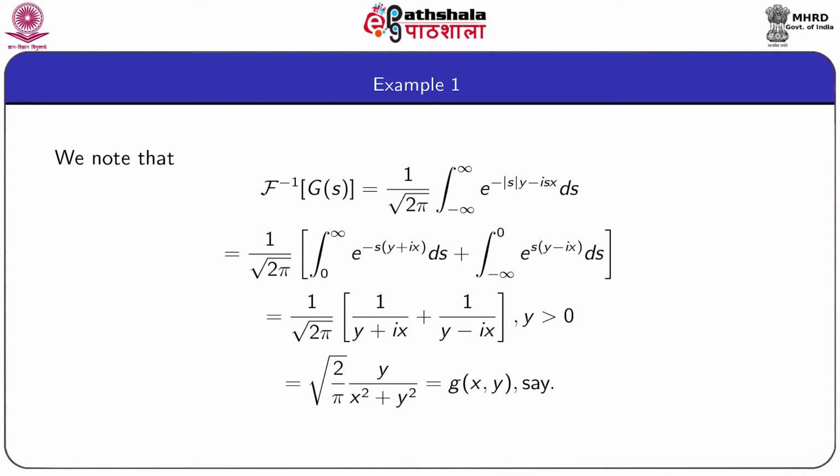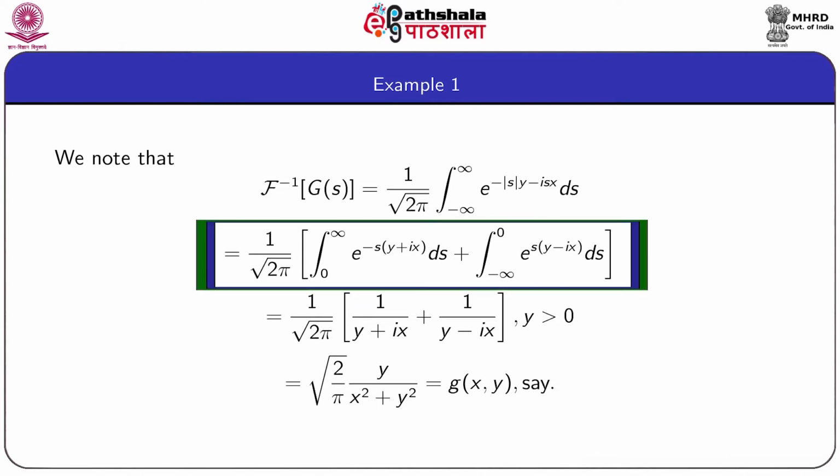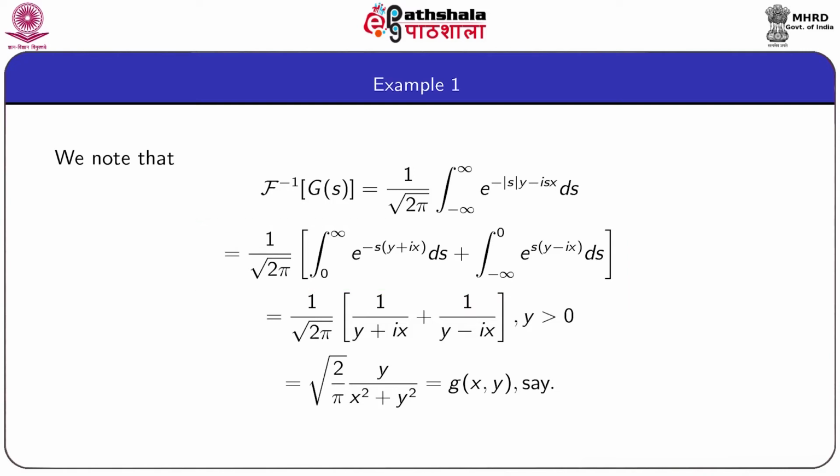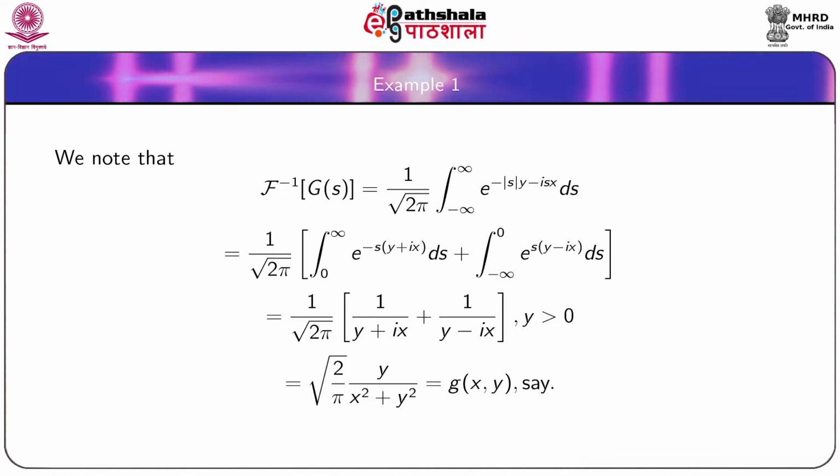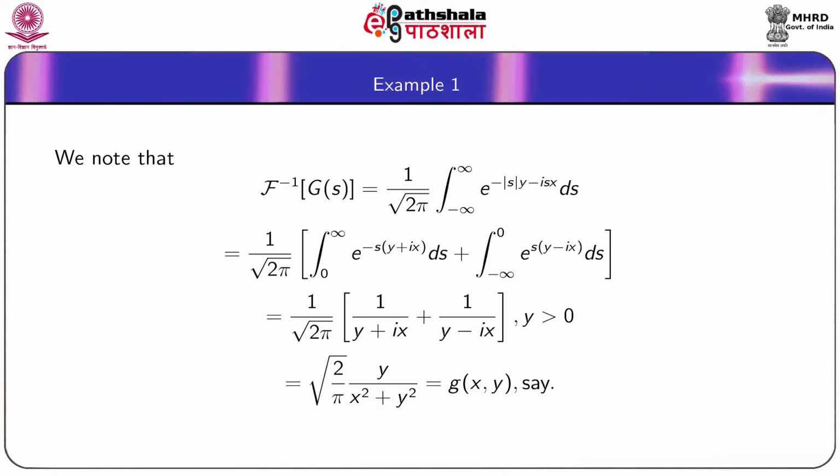So, the Fourier inversion of capital G(s) is given by 1 by root over 2 pi into the integral from 0 to infinity e to the power minus s into (y plus i x) ds, plus the integral from minus infinity to 0 e to the power s into (y minus i x) ds.